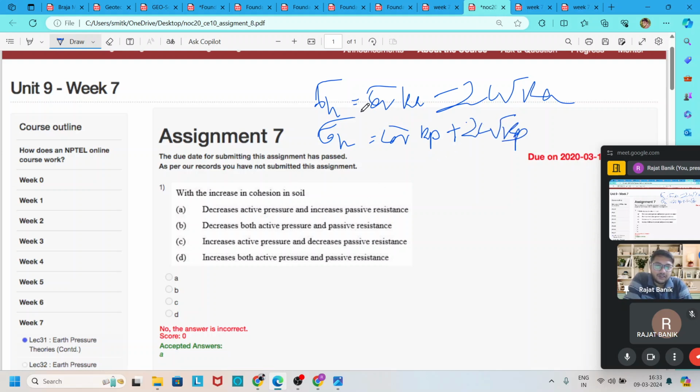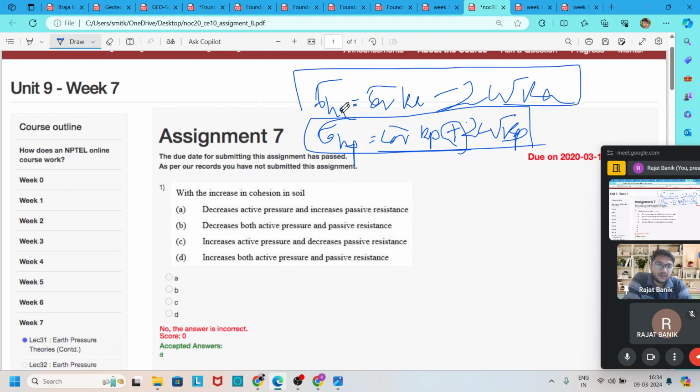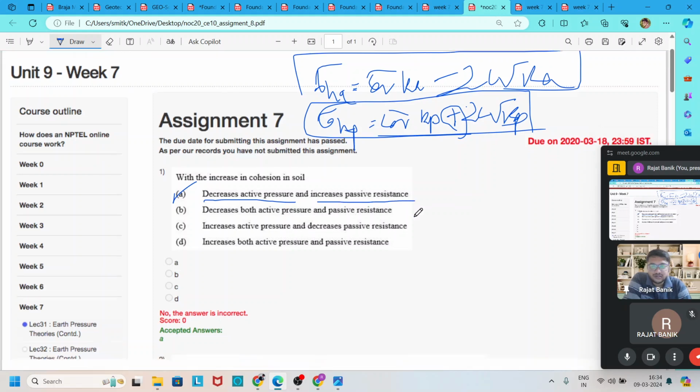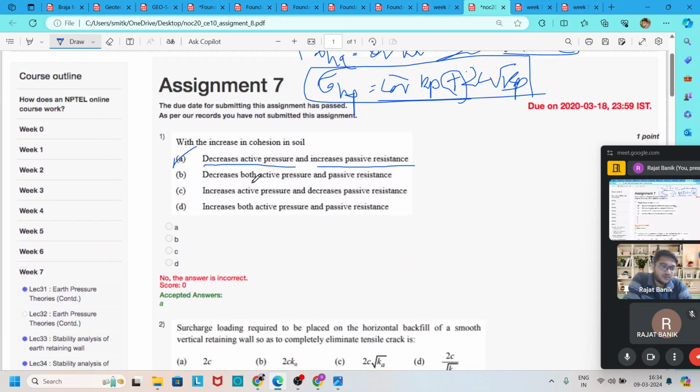So you can see from this formula that the cohesion increases the passive earth pressure, because in the formula it is additive, but it decreases the active earth pressure because in the formula it has a negative sign. So our correct option is option A: it decreases the active earth pressure, but increases the passive resistance.